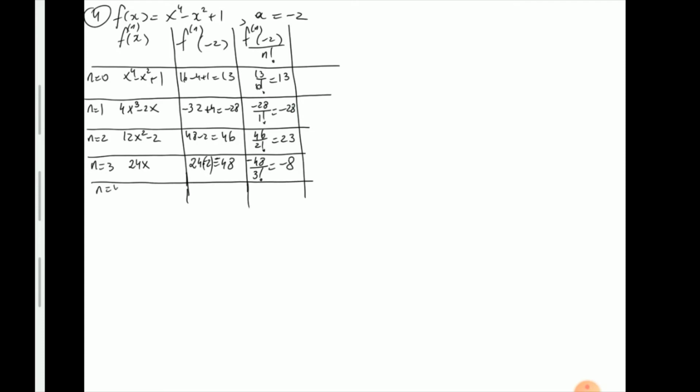For n equals 4, that's 24. That's a constant, so when we evaluate it at minus 2, it's still 24. And that's divided by 4 factorial, which is another 24, so that's equal to 1. From this point on, all the other derivatives are 0. So basically, Cn is going to be 0 for n greater than or equal to 5.